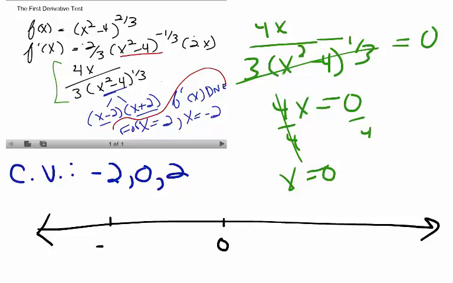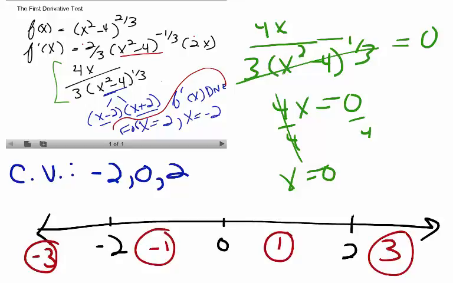We'll plot our critical values, negative 2, 0, and 2, and we'll choose some test points: negative 3, negative 1, 1, and 3. This will help us to determine whether the graph is decreasing or increasing, and identify any relative maxima or minima.